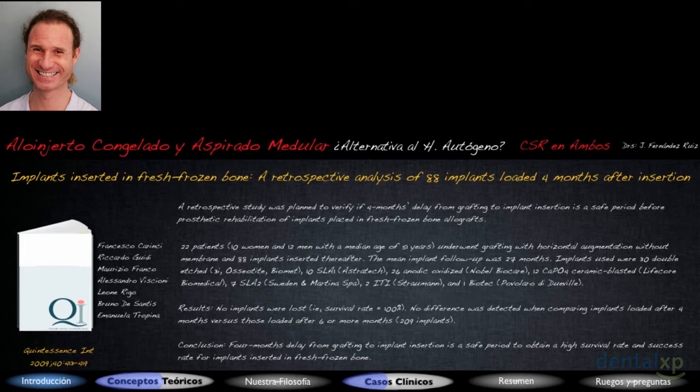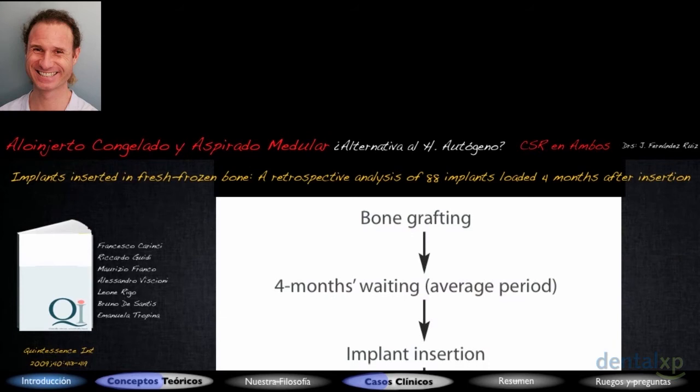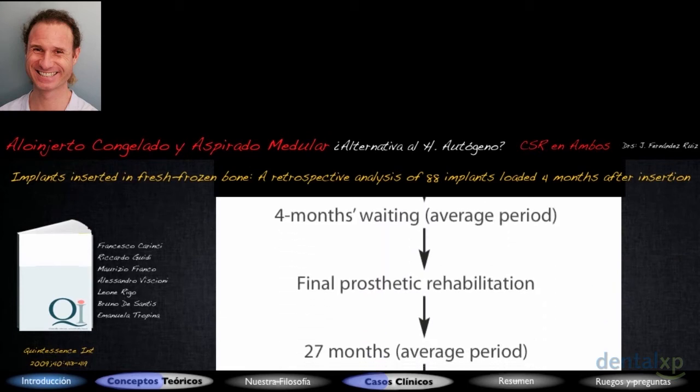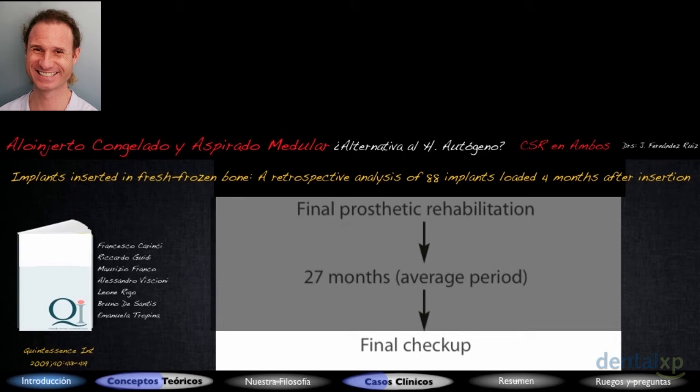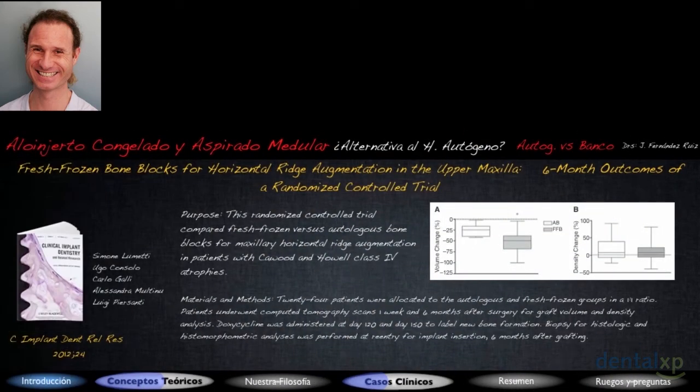And the same author compares 88 implants loaded at 4 months in the maxilla and in the mandible. He did the bone grafting, 4 months waiting, and then implant insertions, 4 months waiting, then the final prosthetic rehabilitations, with an average of 27 months and a final checkup.